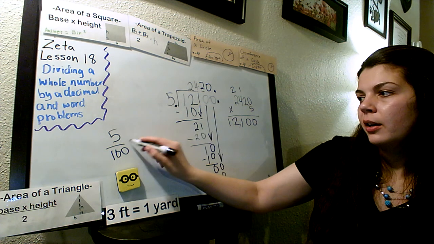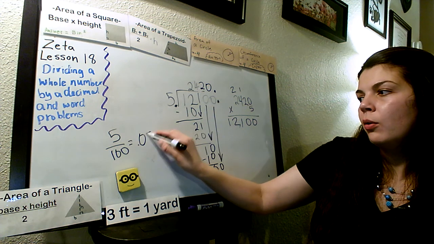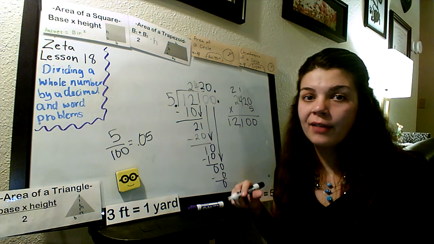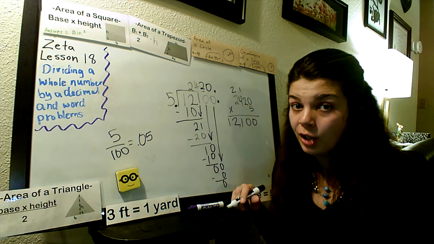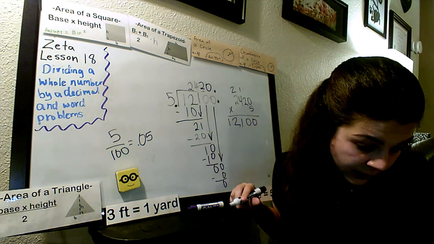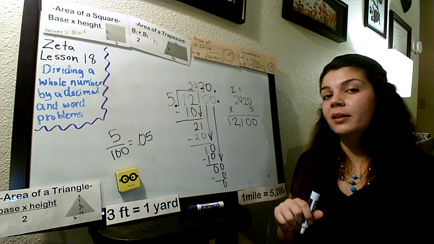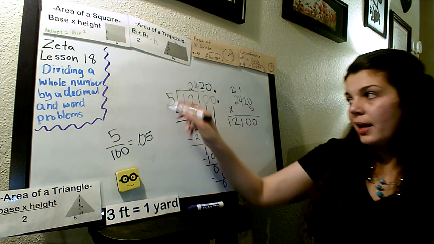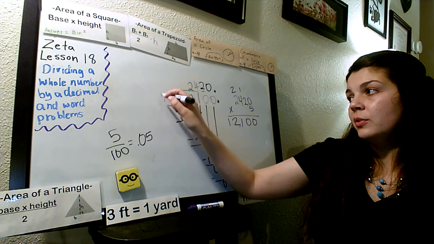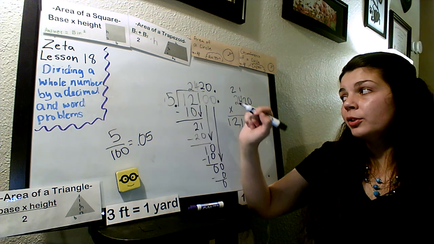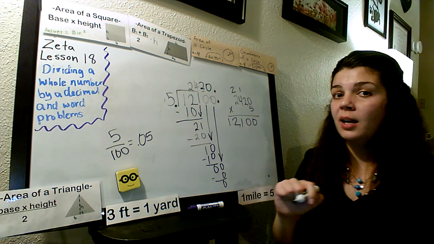That's what we just did here, equals 0.05. 5/100ths of a dollar are in $121. Okay, we had our 0.05, we moved it over 2 times, we moved it over 2 times.